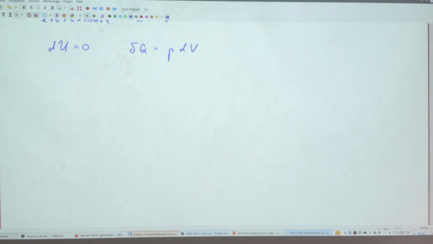So our delta S now is the integration from V1 to V1 plus V2 of delta Q over T. I assume that T is constant. We can also consider more complicated situations. I can take it out if this is constant. Delta Q is PdV.